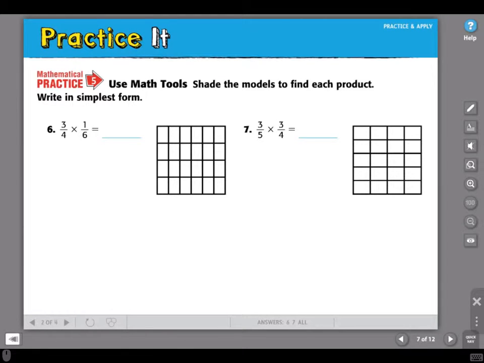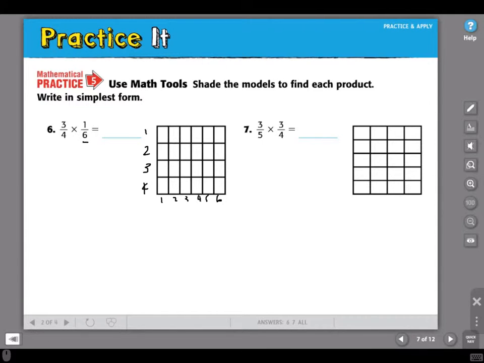Let's try another couple examples. Here I've got 3/4 times 1/6. You'll notice, just like our models earlier, that I have 1, 2, 3, 4 equal rows. I'm multiplying by 1/6, and I have created 1, 2, 3, 4, 5, 6 equal columns.